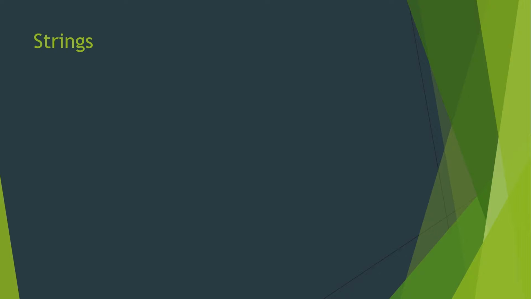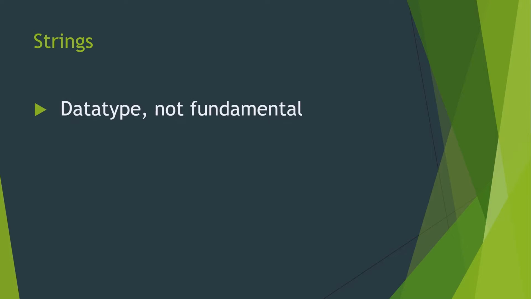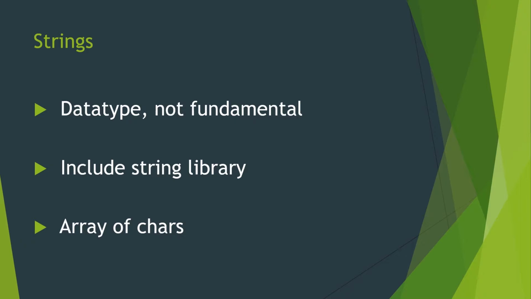So strings, or the string data type, is not a fundamental data type. It's still a data type though. It's a data type made by someone after C++ was made. So it's not built into the language. So you will have to include the string library, and a string variable is just an array of chars.